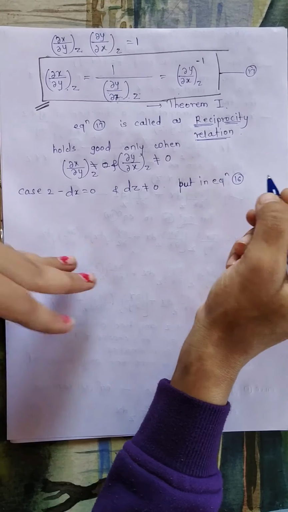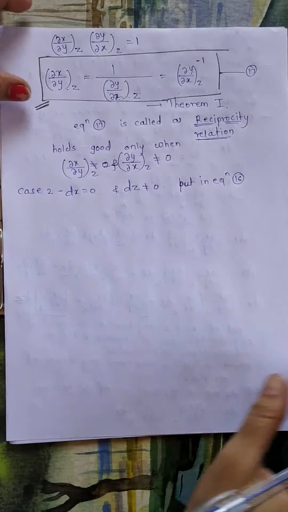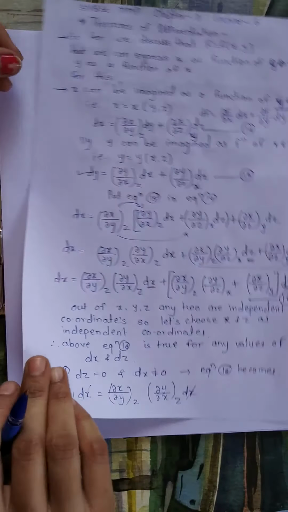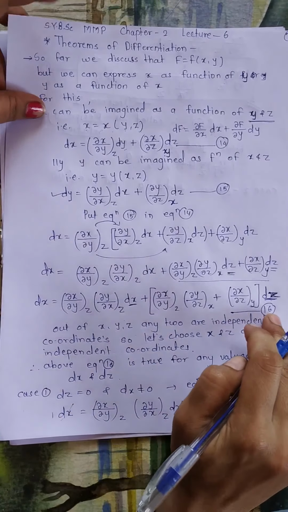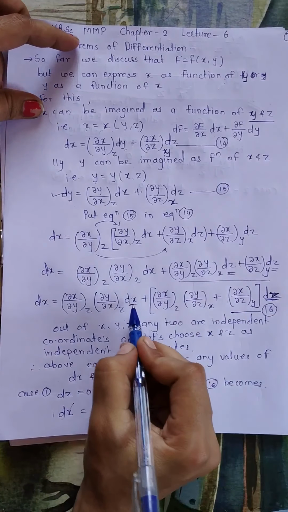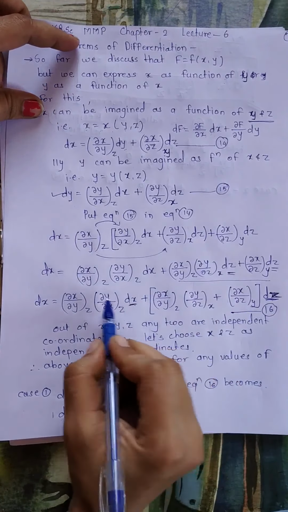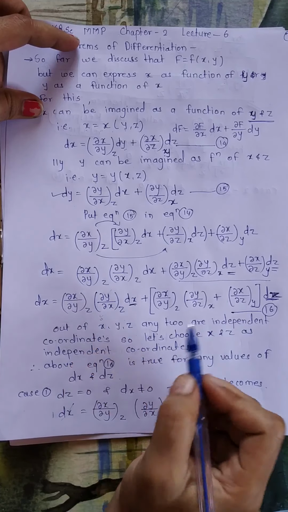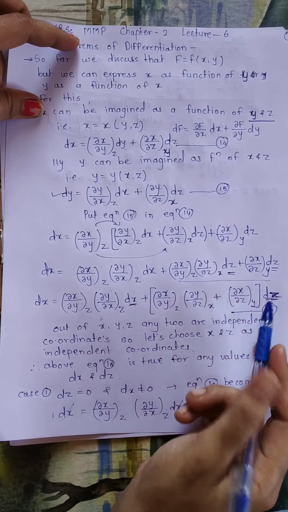So equation 16 becomes, what is our equation 16? Let's observe that. This is equation 16. Now here we have to put dx as 0, which means the first term will become 0, and dz is non-zero.